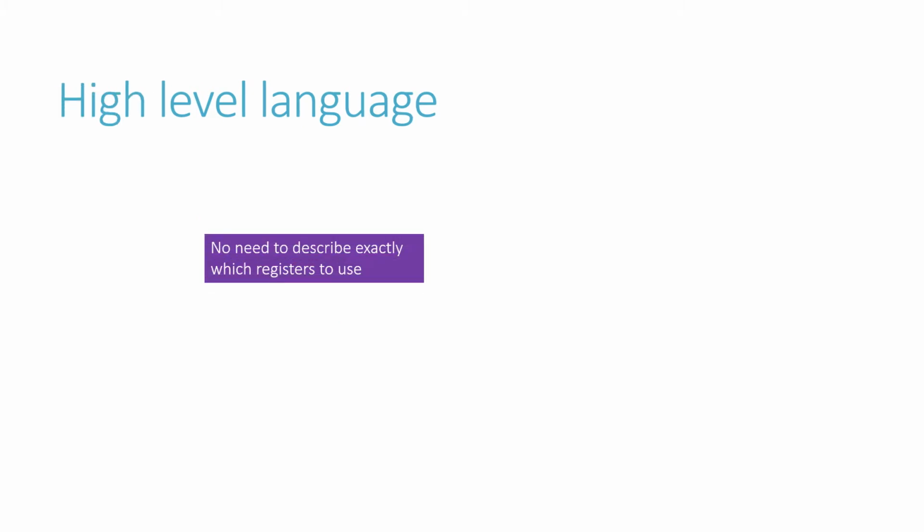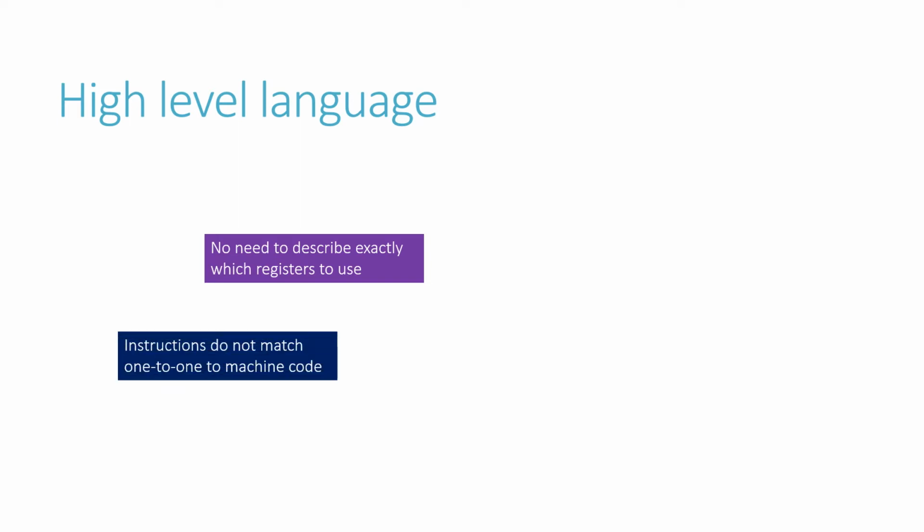When we're using a high-level language, we can use variable names instead of describing exactly which registers or memory locations to use. And our instructions don't need to match exactly to the machine code. One line of Python, for instance, could be converted into several lines of machine code. We lose that closeness to the hardware.